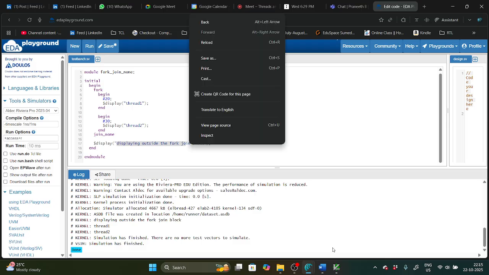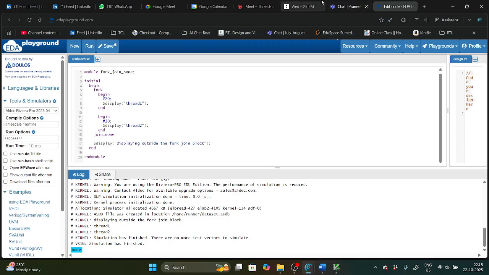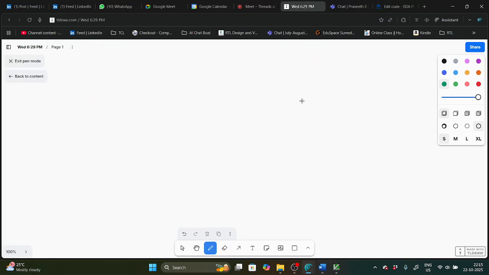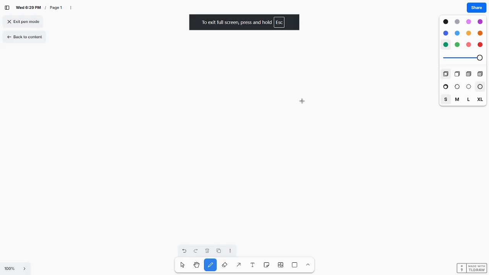Okay, and next we'll see the SV testbench, the SystemVerilog testbench. So what is this SV testbench? We'll see. In the SV testbench, first there is a top.